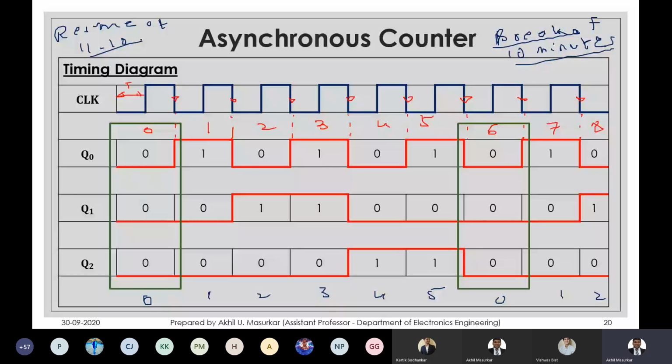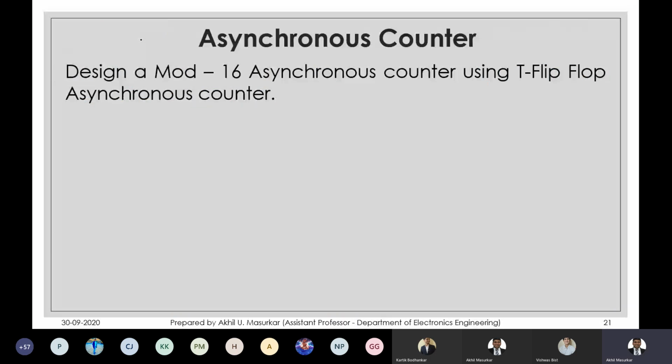Now you will design on your own a mod 16 asynchronous counter. First of all, tell me, mod 16 means it will count from which state to which state? 0 to 15. That is right. How many flip-flops will be required? 4.